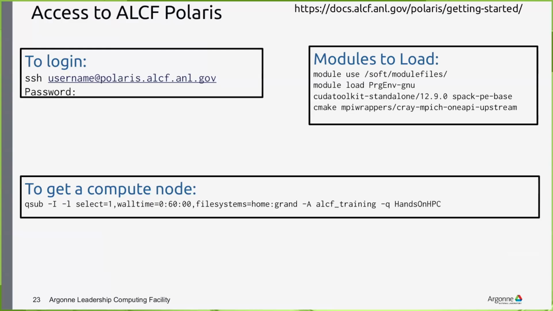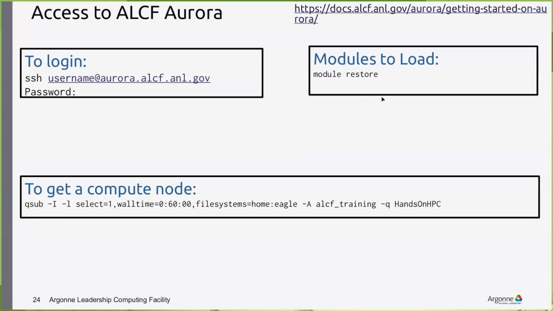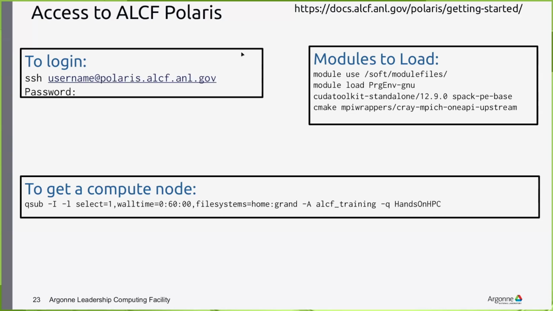This is a slide that shows how you access Polaris and what modules to load to get the SYCL module, and I'll quickly show you how to get a compute node, load these modules, and run some examples. I should point out that ALCF Polaris is an NVIDIA-based machine, so we need to load a bunch of modules.